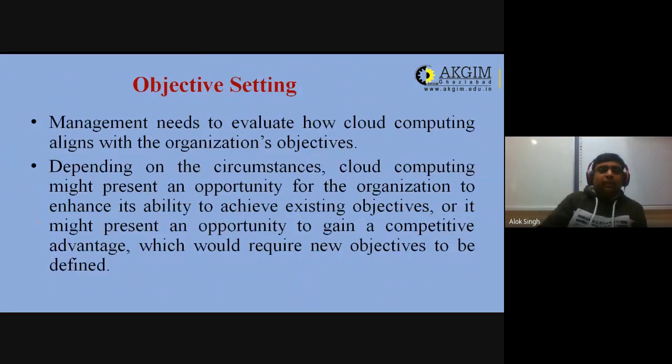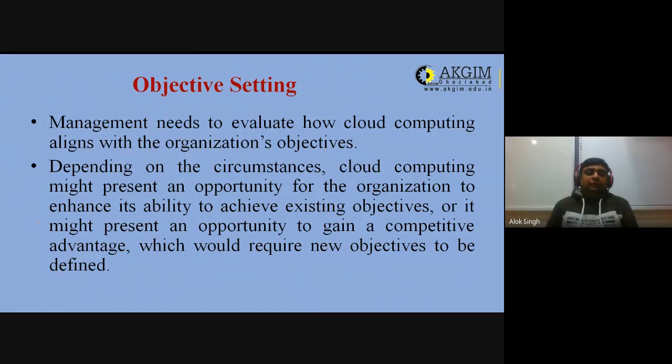Next is objective setting. Objectives should always be in line with your vision and mission. Management needs to evaluate how cloud computing aligns with the organization's objectives. Depending on the circumstances, cloud computing might present an opportunity to enhance the organization's ability to achieve existing objectives, or it might present an opportunity to gain a competitive advantage, which would require new objectives to be defined.